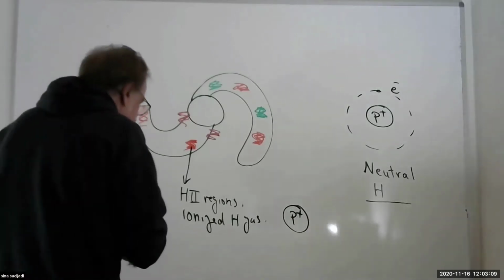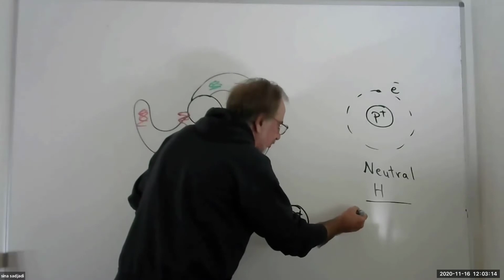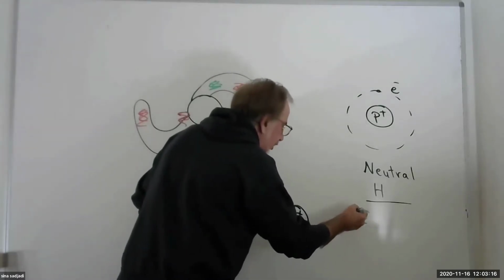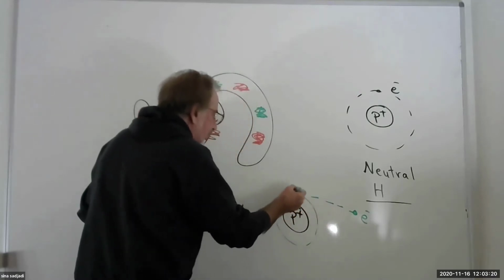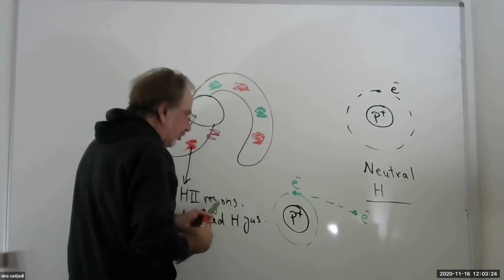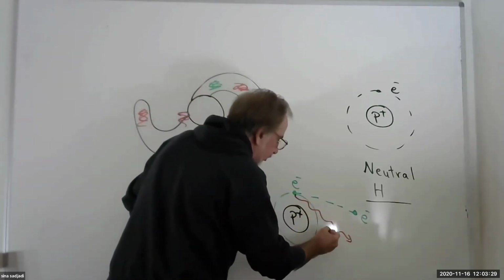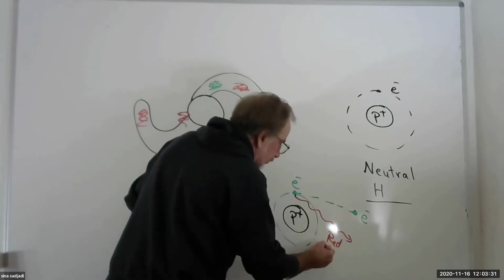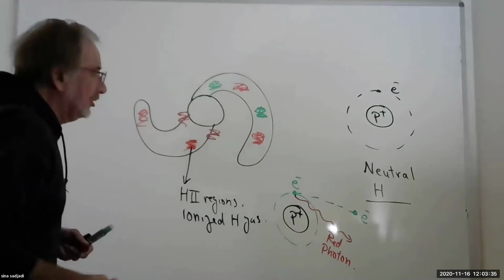Say a free electron is coming from some star or something. It comes in and then it gets captured. When it gets captured, then this red light comes out, this red photon. And that's why this thing is reddish, right?